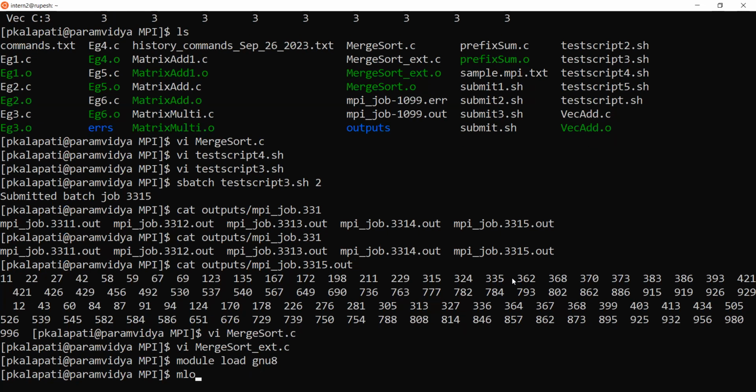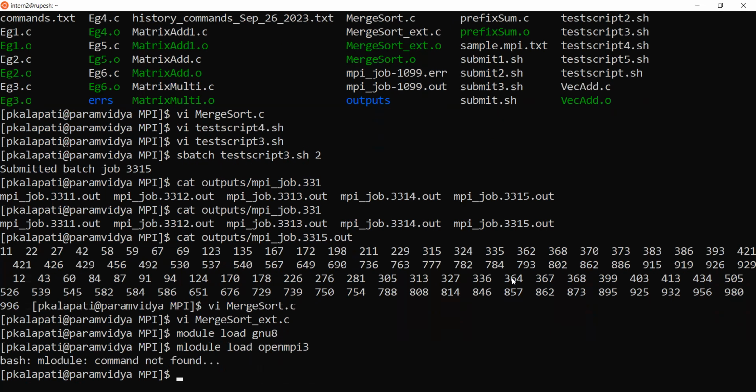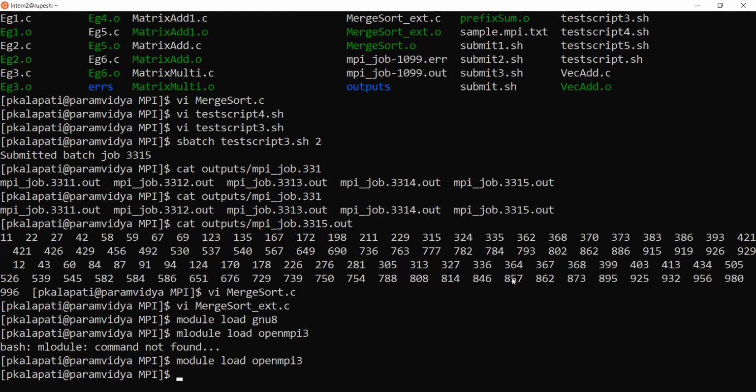Next one is module load open MPI3. Okay, again, I made a mistake. No problem. Now we are going to compile this particular one.